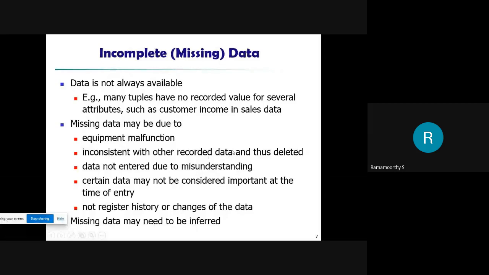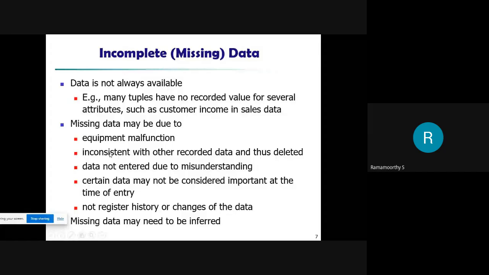So missing data may be because of equipment malfunction, malicious issues related to that equipment, or inconsistency with other recorded data. Maybe it's deleted, or data not entered due to misunderstanding.